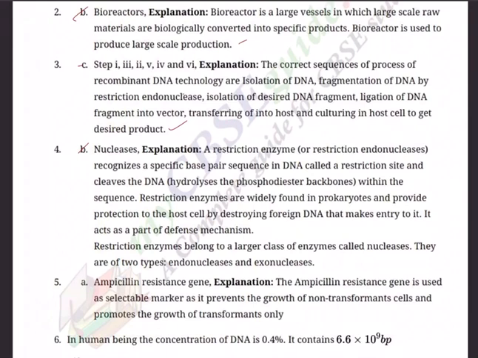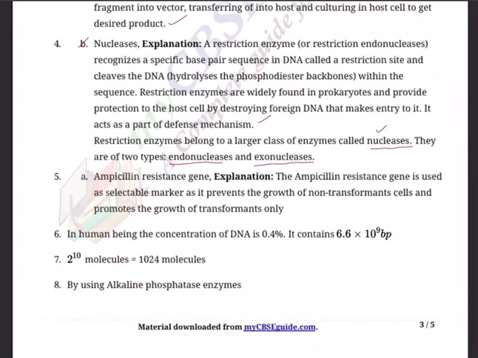Restriction enzymes are widely found in prokaryotes and provide protection to the host cell by destroying foreign DNA that makes entry into it. It also acts as a part of defense mechanism. Restriction enzymes belong to a larger class of enzymes called nucleases. They are of two types, endonucleases and exonucleases.